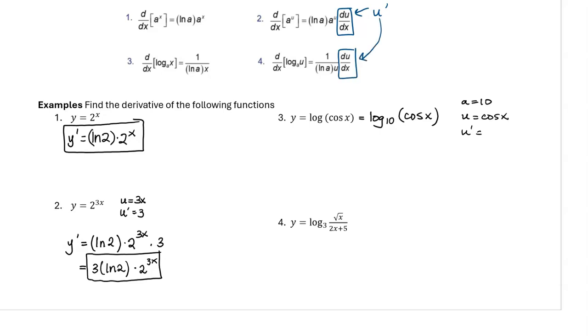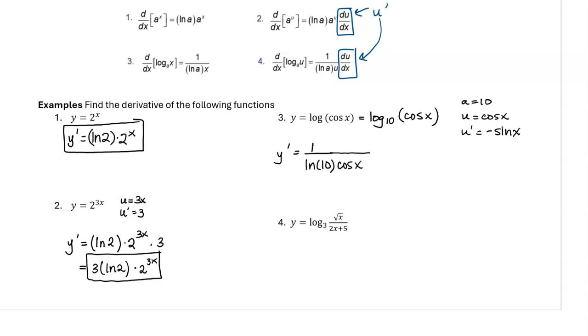And we know that the derivative of cosine is negative sine x. So now we have everything that we need for us to begin filling out this derivative. So y prime is equal to 1 divided by natural log of a, which is natural log of 10. I also need to put u in that denominator. u is cosine x in this case.